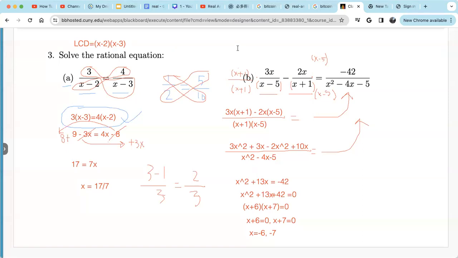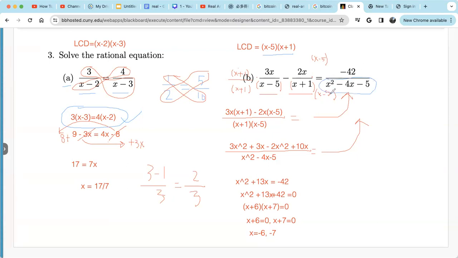It's similar for the second one. We can figure out that the least common denominator is x minus 5 times x plus 1, because x squared minus 4x minus 5 on the right-hand side is exactly the same as x minus 5, x plus 1. So we can multiply this least common denominator on both sides.